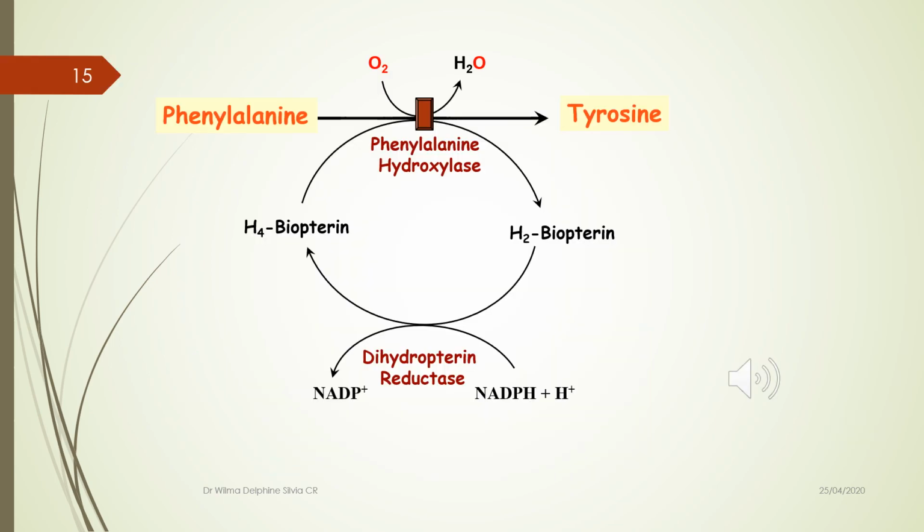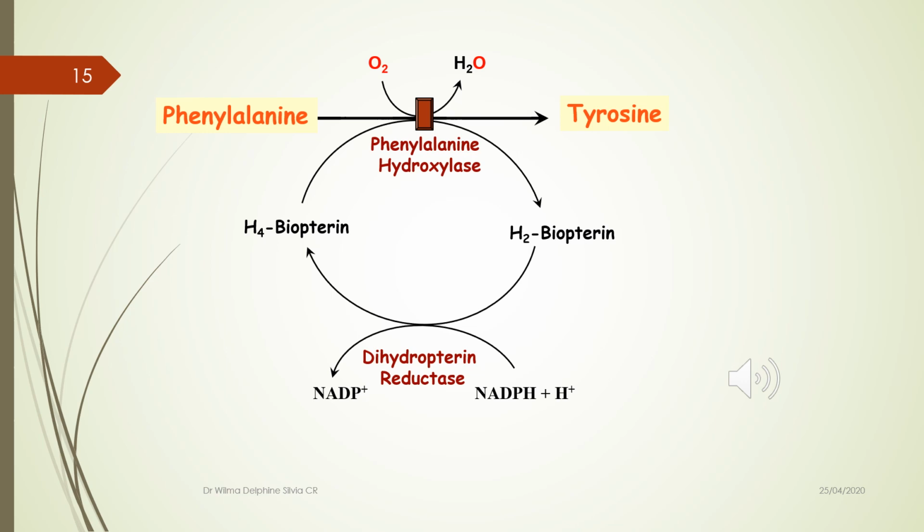Normally, phenylalanine is converted into tyrosine in the presence of the enzyme phenylalanine hydroxylase, tetrahydrobiopterin and a molecule of oxygen. But in most cases of phenylketonuria, the phenylalanine hydroxylase enzyme is deficient or defective.